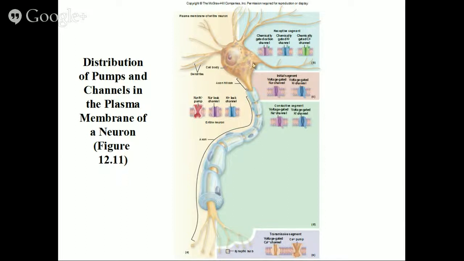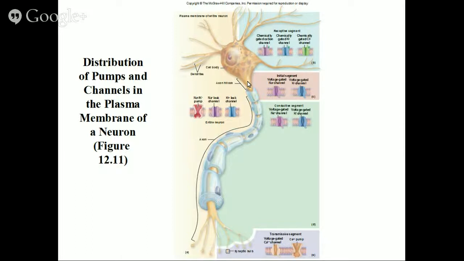These areas are not highlighted and labeled just for entertainment's sake. The area of the neuron that receives incoming information is the dendrites and also the surface of the cell body.